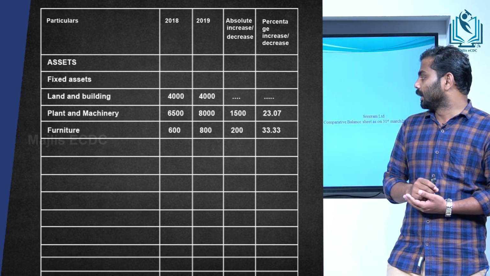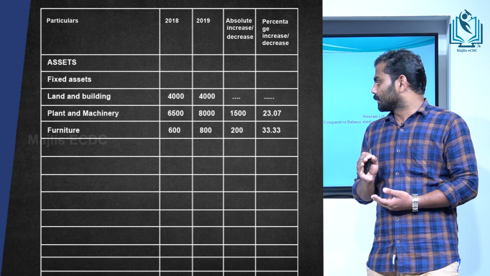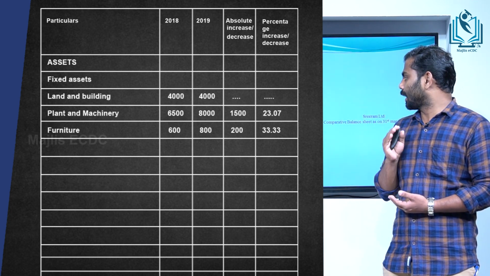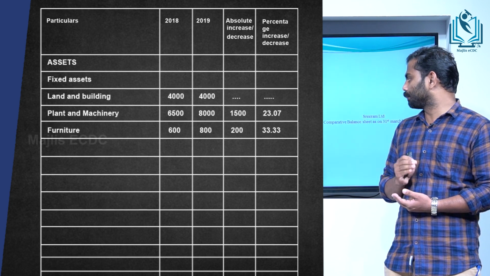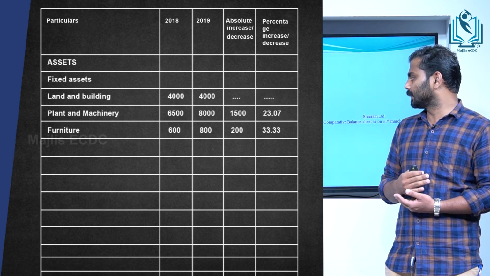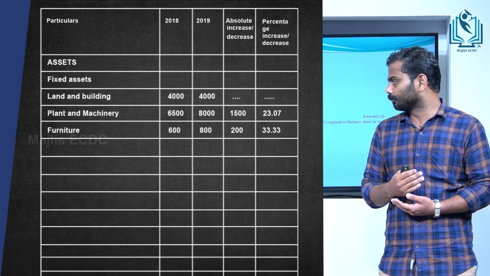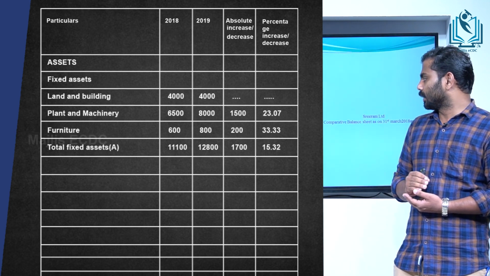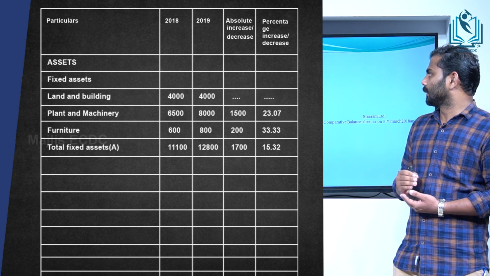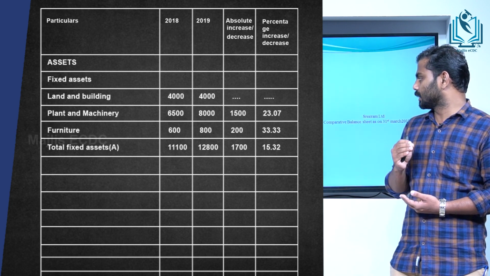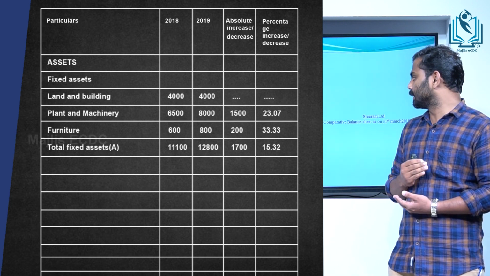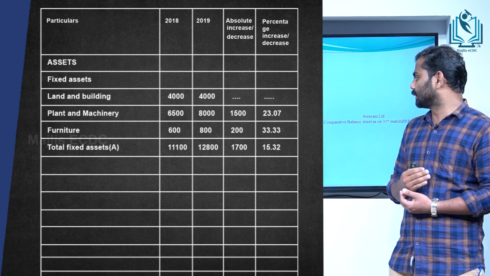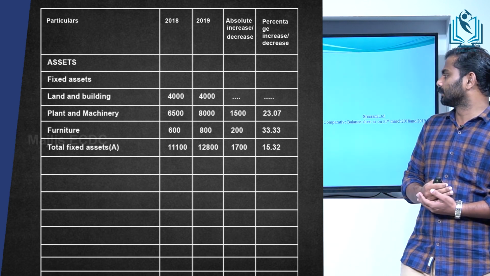Then furniture in 2018 rupees 600, 2019 rupees 800 and absolute increase is rupees 200, percentage 33.33%. Then total fixed asset is 11,100 in 2018, in 2019 12,800, absolute increase 1,700 and the percentage of increase is 15.32.